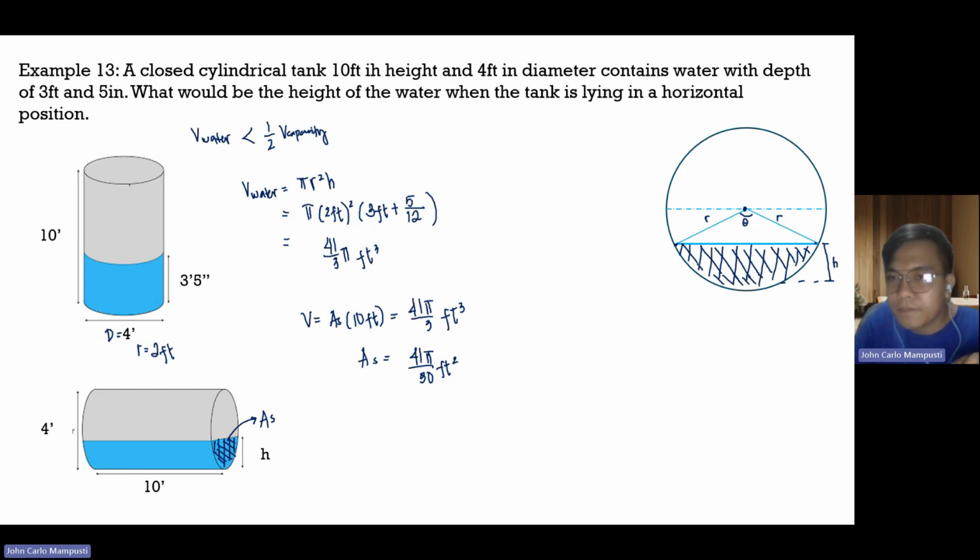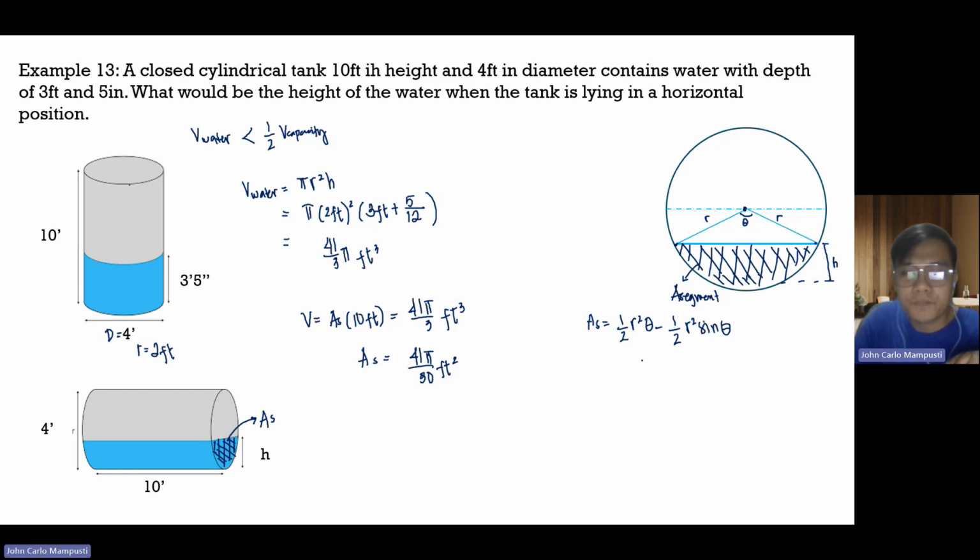This is the area of our segment. And how do we get the area of a segment again? AS, area of the segment, equal to 1/2 r squared theta. But theta should be in radians, right? Minus the area of our triangle, 1/2 r squared sine theta. Okay?